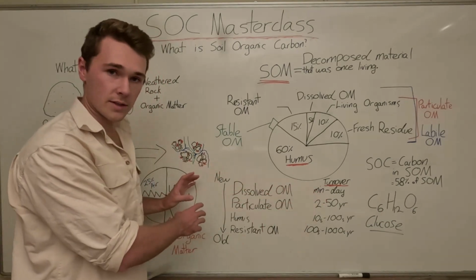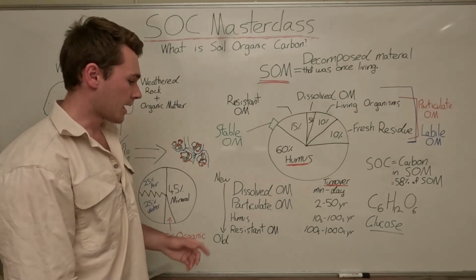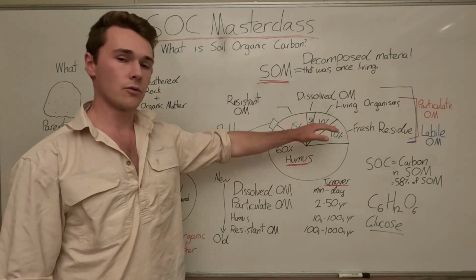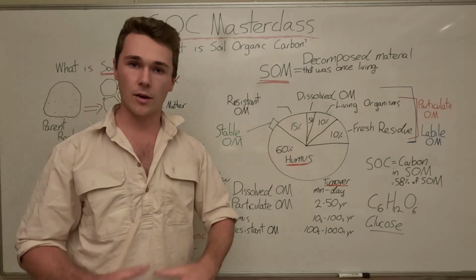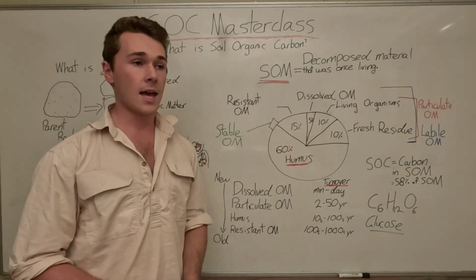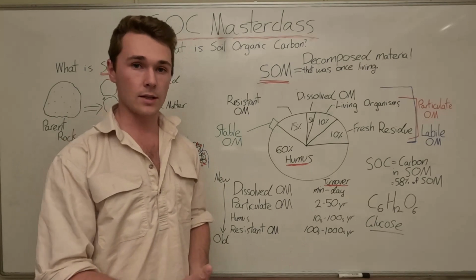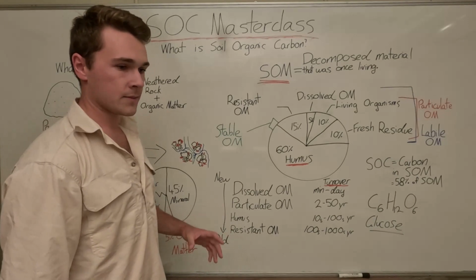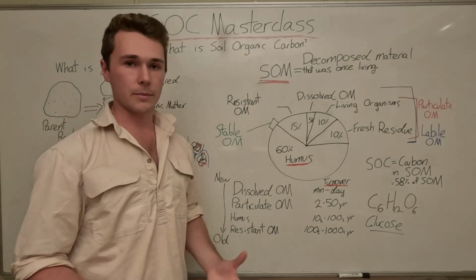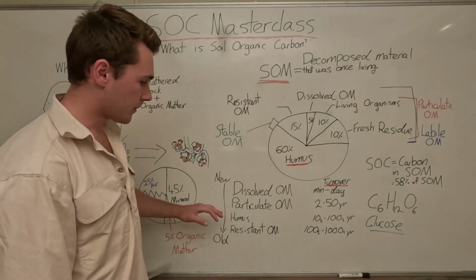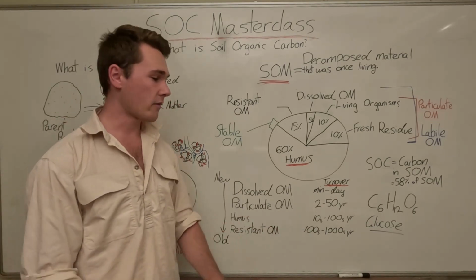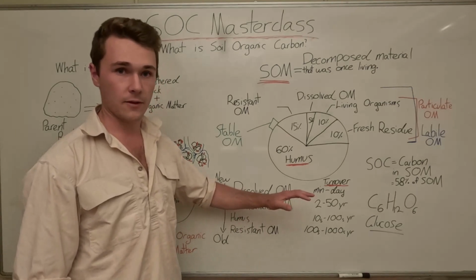It's also quite the newest organic matter. Next we have particulate organic matter, which is both living and fresh residue. These are things that you'd get from a green manure crop or a cover crop, your stubble after harvesting wheat or other cereals, or, for example, livestock manure. That all comes into particulate organic matter, and this typically has a turnover between 2 to 50 years.